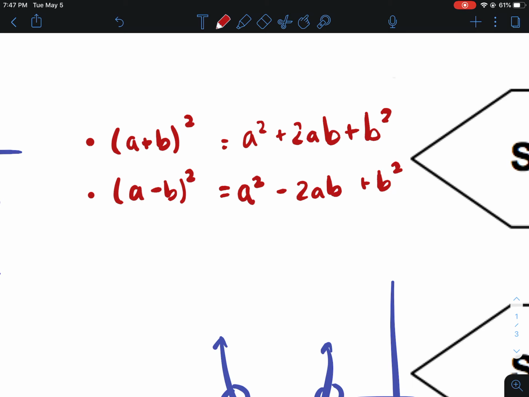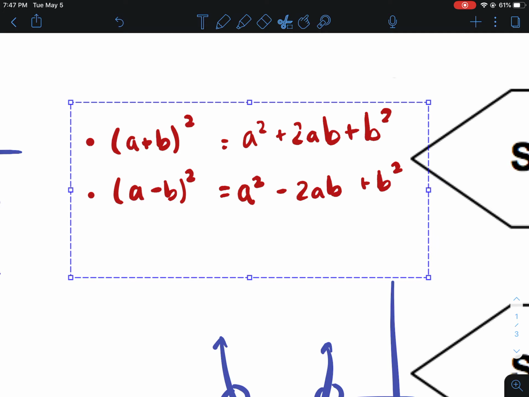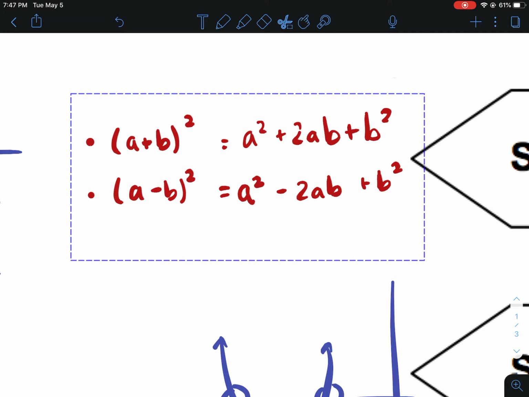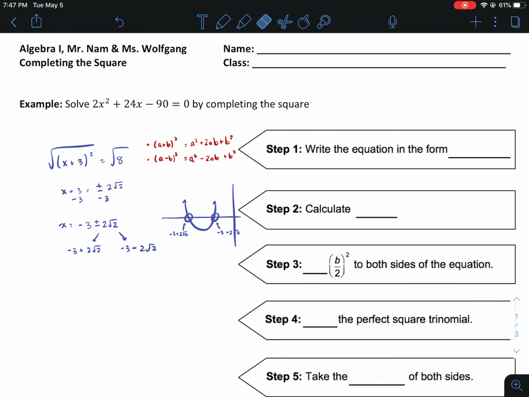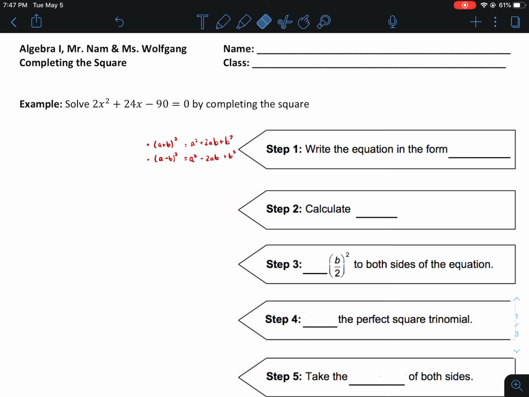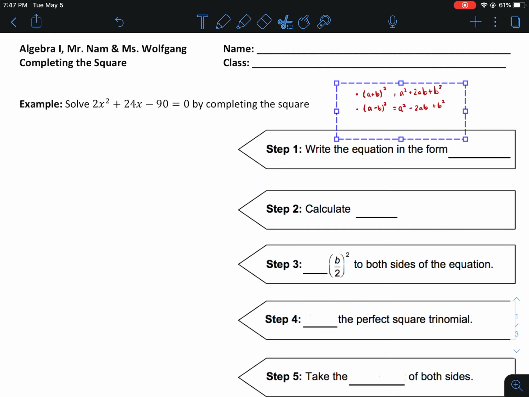And so this is something we learned last unit, but it's kind of the theme of today, okay? So I'm going to erase all this. And let's look at our first example, okay? It's going to seem like a really long process, but if you do it a couple times, you'll get the hang of it, I promise. So let's just put this over here.